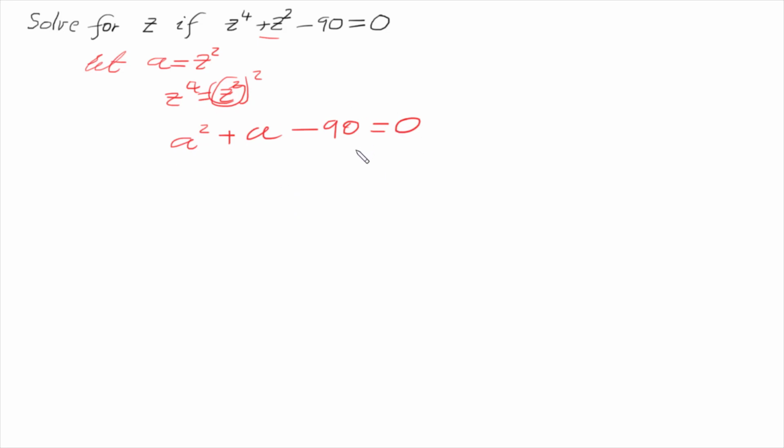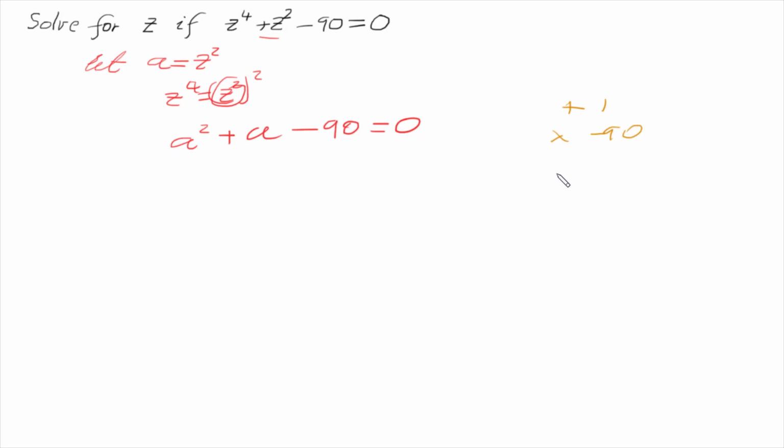Now we could either use our quadratic equation, because it's now a quadratic, or I could use a bit of factorization. And this one does factorize, so let's go ahead and factorize it. I need a number that adds to 1 and multiplies to negative 90.